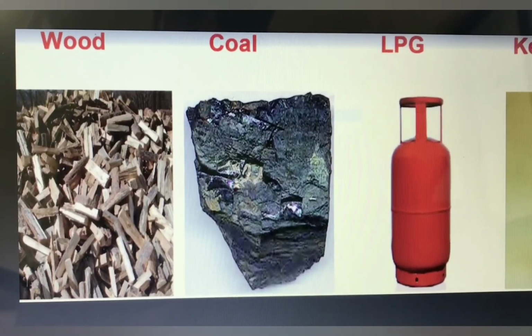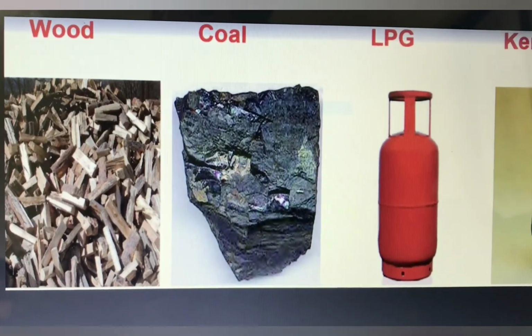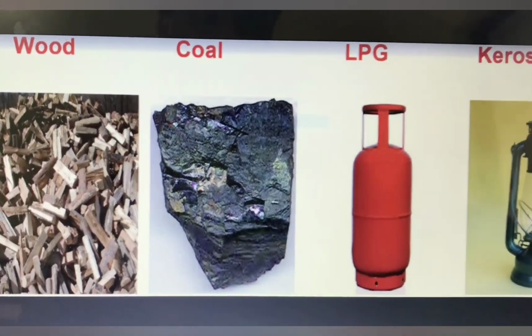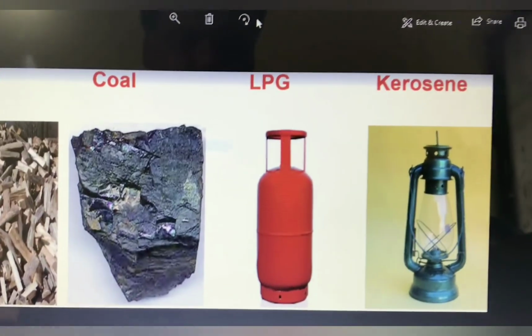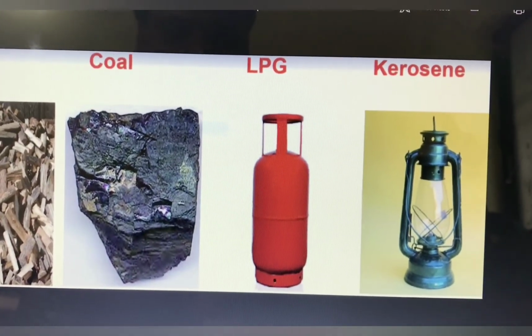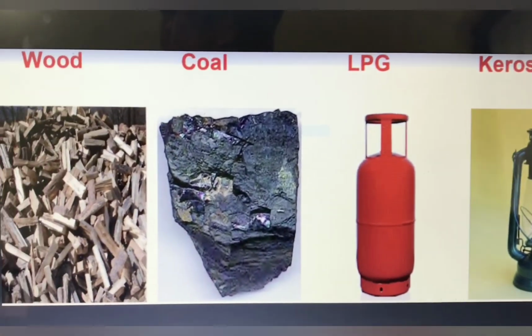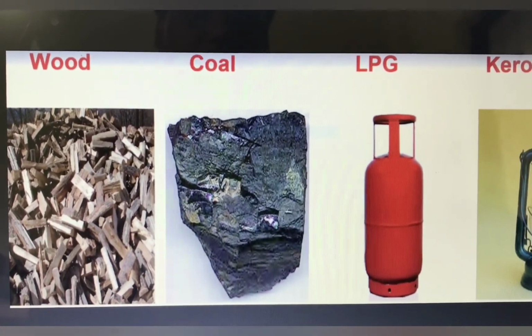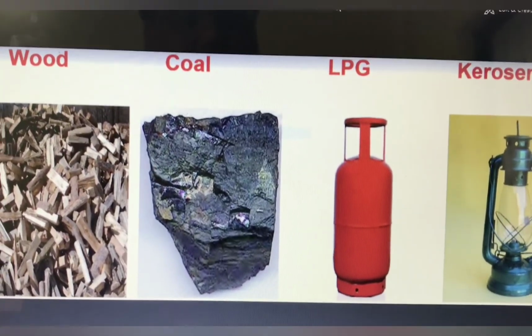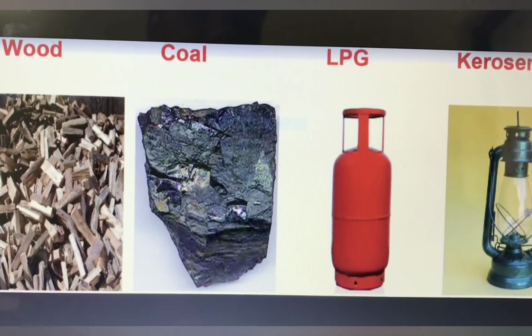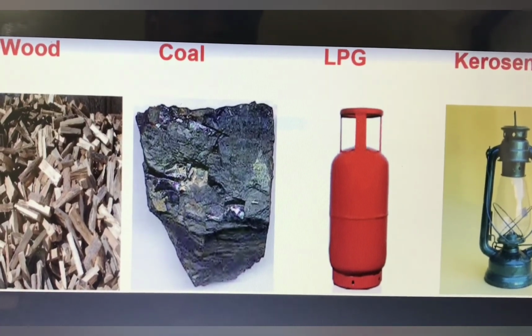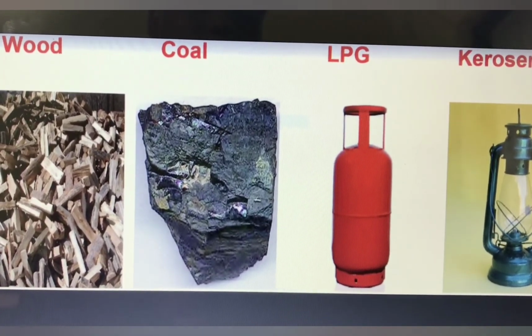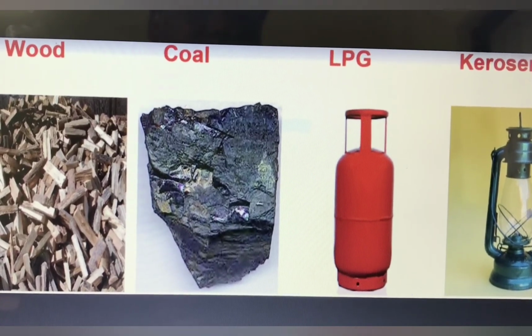This is wood and this is coal. This is an LPG cylinder, and the final one is the kerosene lamp. You can find that wood is solid, coal is also solid, but LPG is a gas, and this is also liquid. Why? Liquefied petroleum gas.